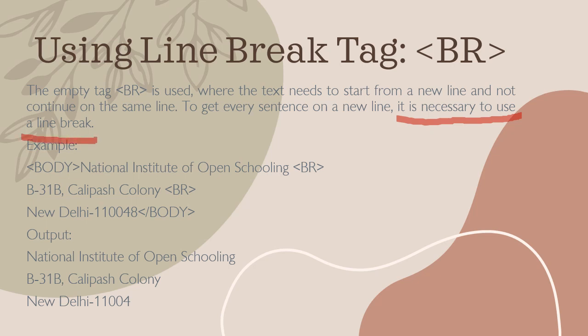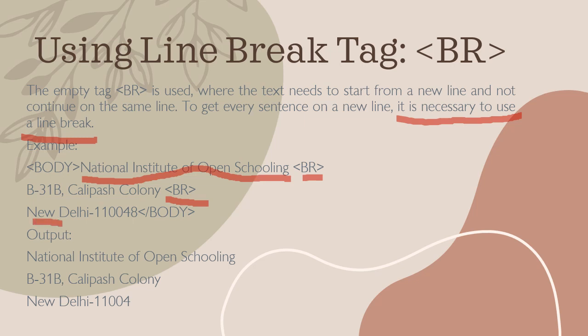For example, we use within the body tag, National Institute of Open Schooling, and after that we are using the BR tag. It means from here the sentence will continue from the next line. Like here, B31 Kalkaji colony and BR, and after that here again BR has been used, and again it will separate the line from the next line.